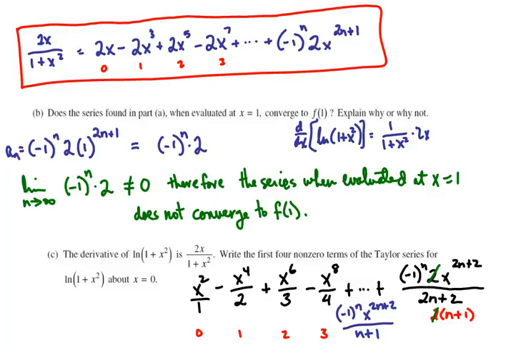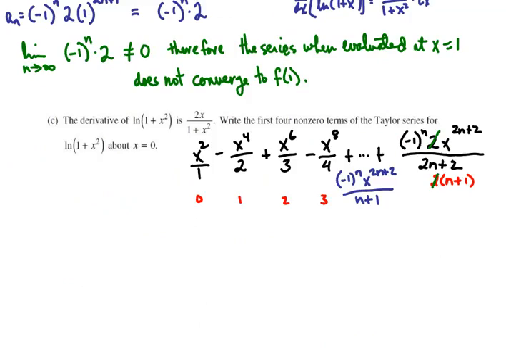Now there is another way of having done this, although this was pretty easy. Another way of doing this is to recognize that the natural log of 1 plus x squared is also a transformation of one of our big 7 functions. And I'm going to scroll up the screen here and take a minute to talk about that, since that is also very important. It comes from the function ln of 1 plus x.